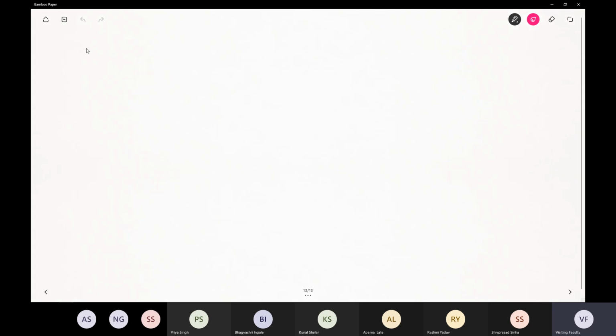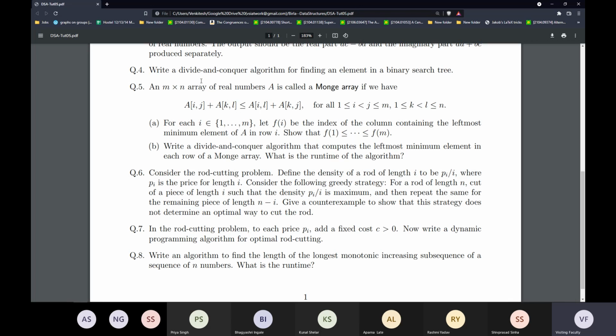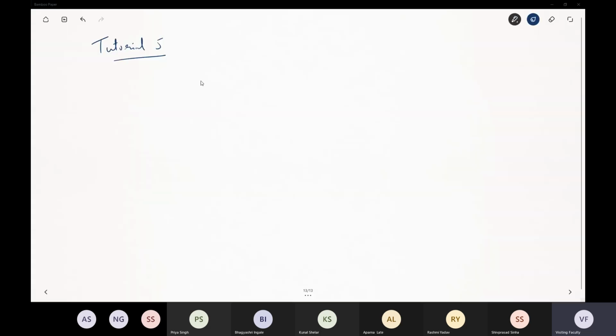So we are now on tutorial 5, question 5. What does that mean? Let's not even look at m by n, let's just consider n by n.